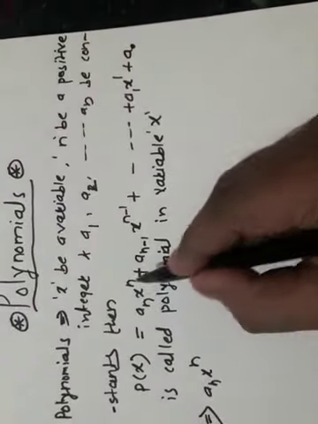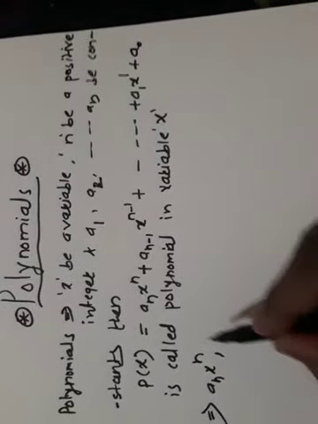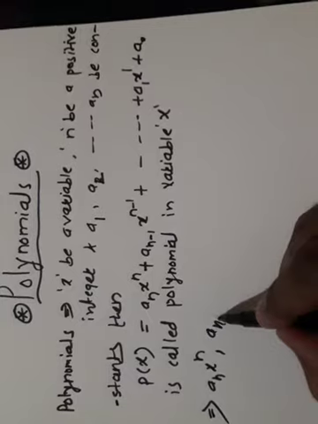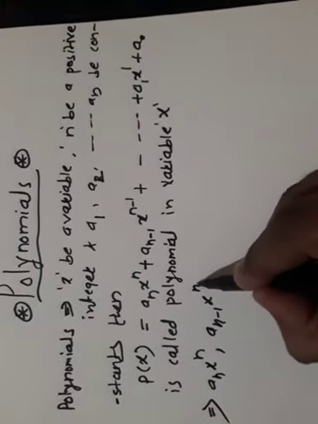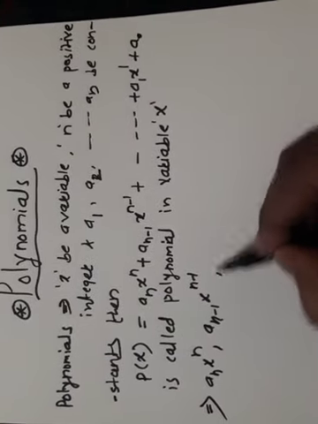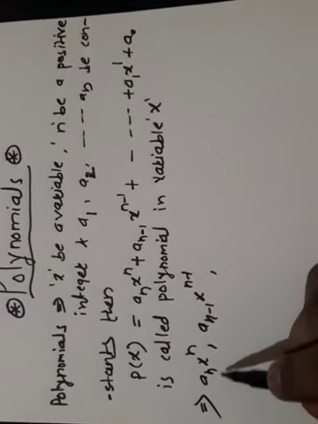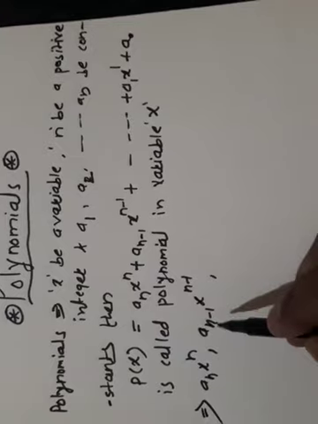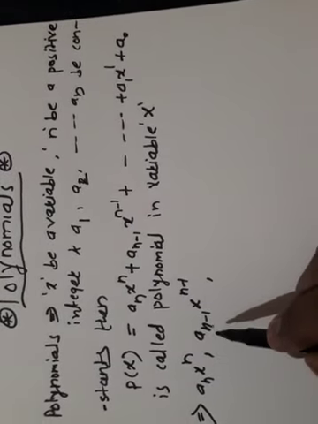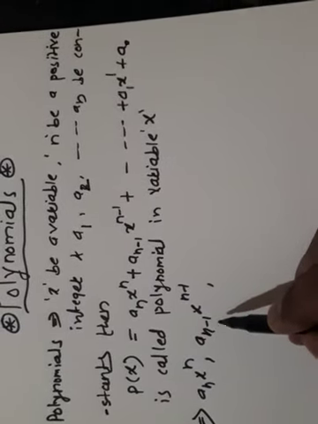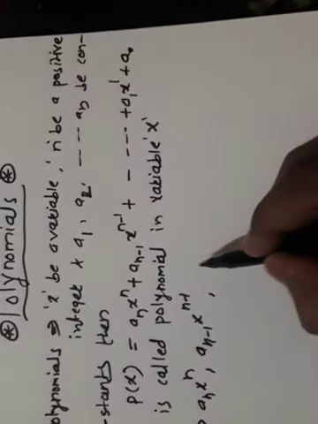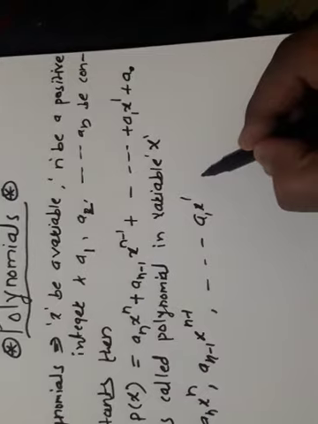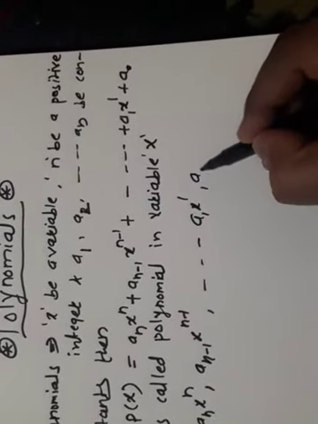In between I have written plus sign, but if we separate them, what will you get? an x^n, a(n-1) x^(n-1), like that, a1 x^1 and the last one, a0.